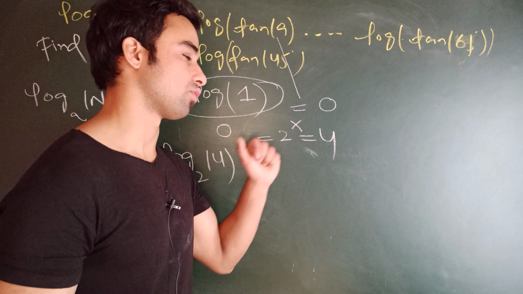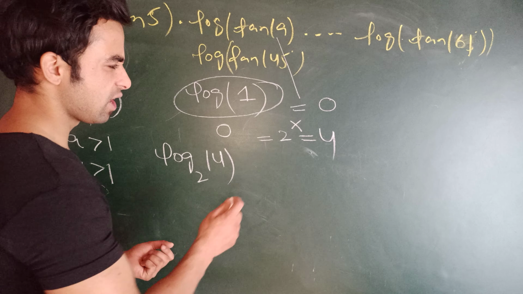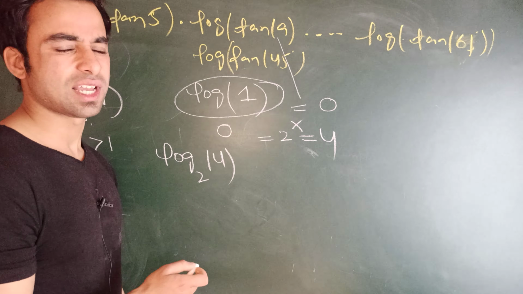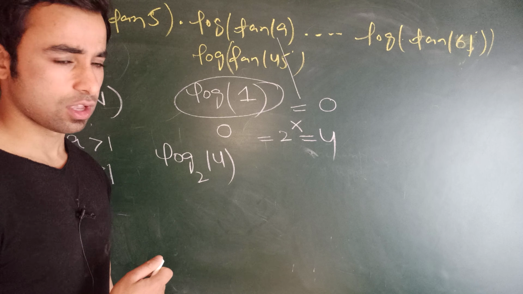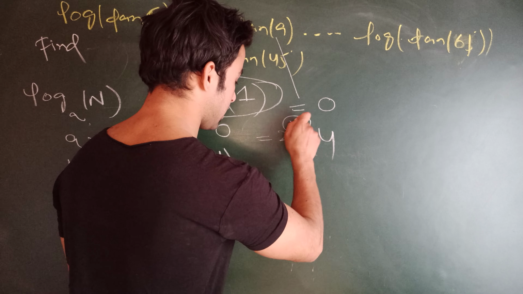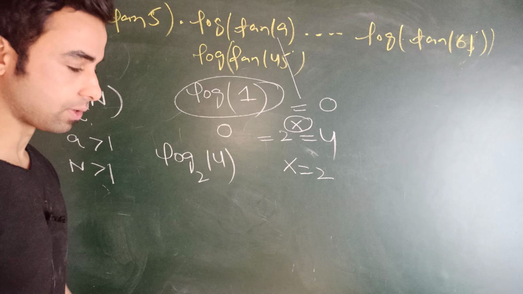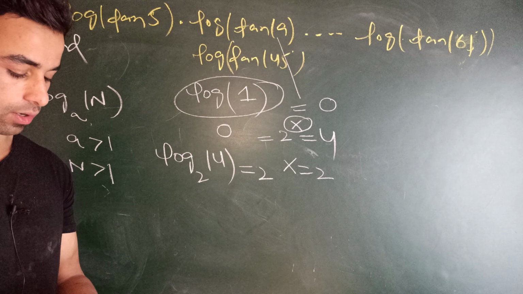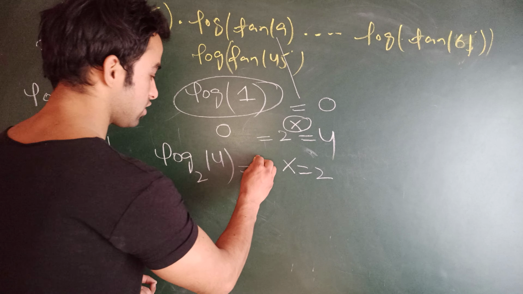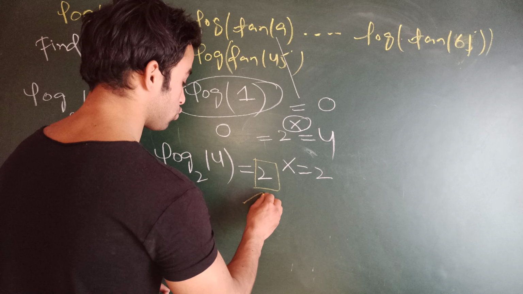I don't know what power I have to raise 2 to, but logically 2 has to be raised to the power of 2 and I will get 4. So x here should be 2. The value of x is the value of the log. But the most important thing to realize is that this number on the right side is a positive number.